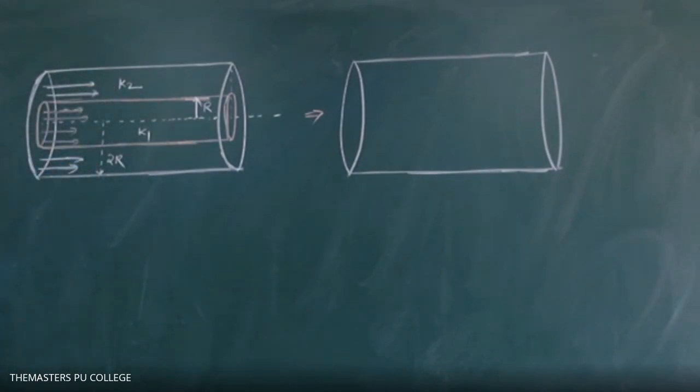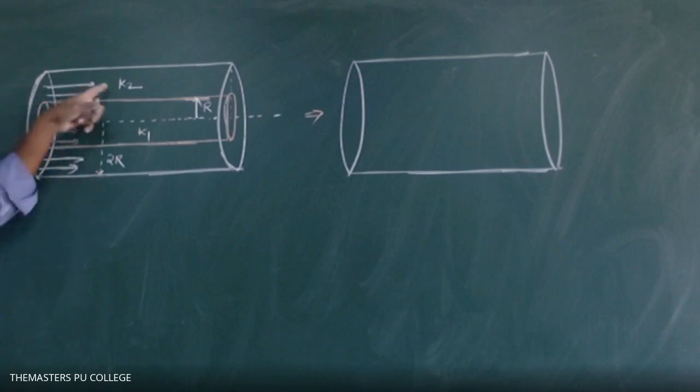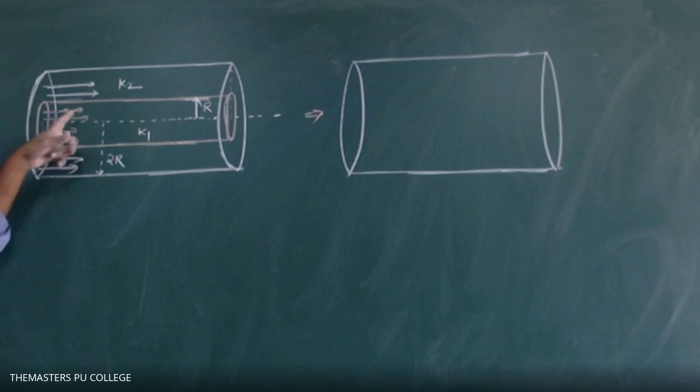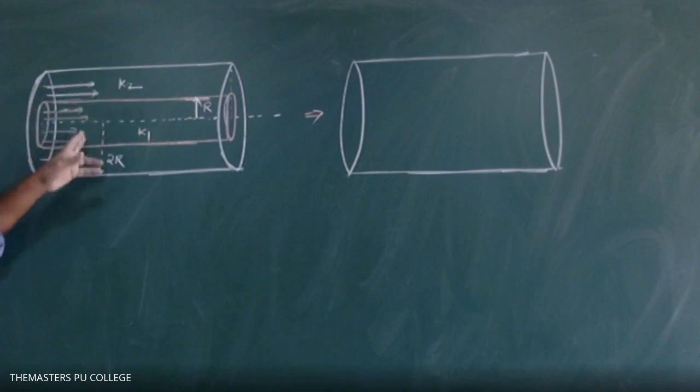Hence, the effective area of the heat transfer: heat transfer through this will be pi r square. Heat transfer through this will be pi 2r square minus pi r square, right? Understand this point. The effective area through which the heat will be transferred to the first rod will be pi r square.